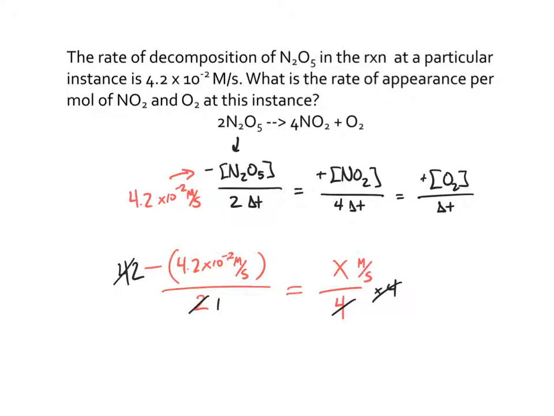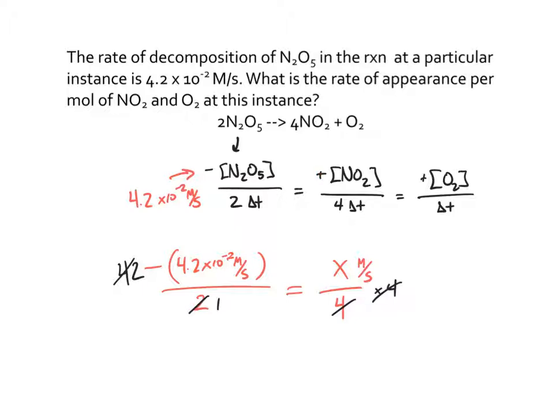Now the negative sign here doesn't necessarily factor into the math, because this simply tells us that this is a reactant disappearing. The question asks what is the rate of appearance, so X is going to be a positive number. Now mathematically, if I multiply both sides by -1, or just solve for X in this case, I'm going to have a negative number, but I don't really factor that in, because we know that this is negative because it's disappearing and this is positive because it's appearing.